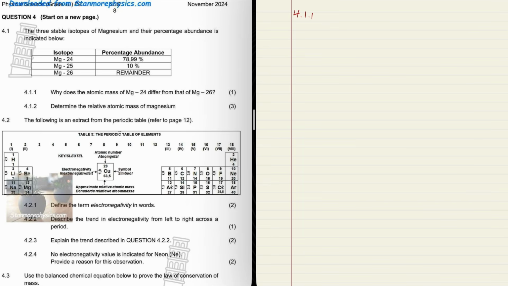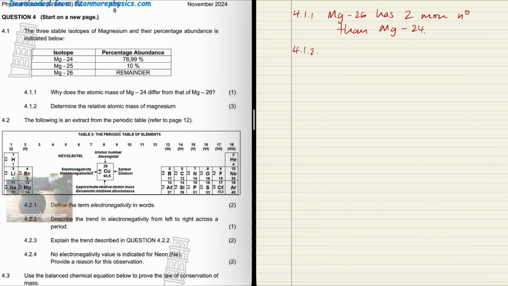Remember, isotopes are elements with the same atomic number but different mass number, and the difference in mass is on account of the different number of neutrons. So Mg26 has 2 more neutrons than Mg24.